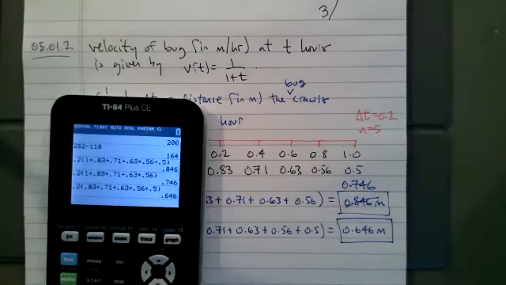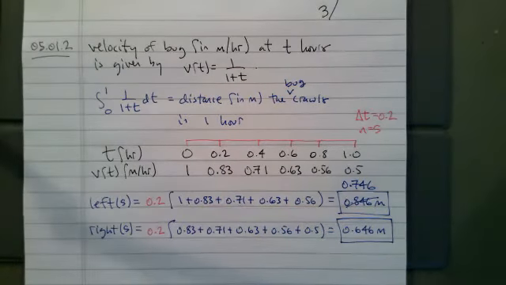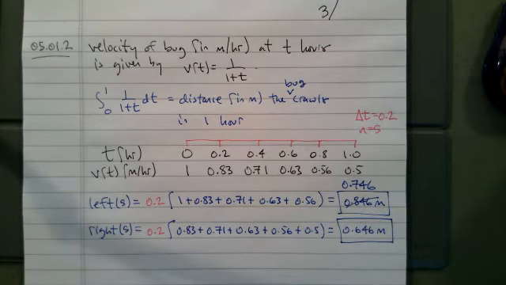So our little bug will crawl somewhere between 0.646 meters and 0.746 meters. In this case, left is the upper and the right is the lower. We knew that going in because the function is decreasing. If the function is decreasing, then the left will be an overestimate and the right will be an underestimate.